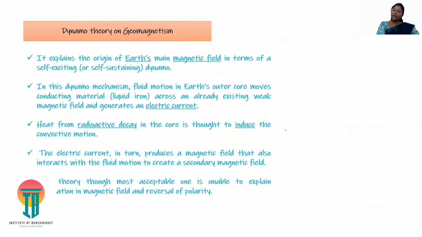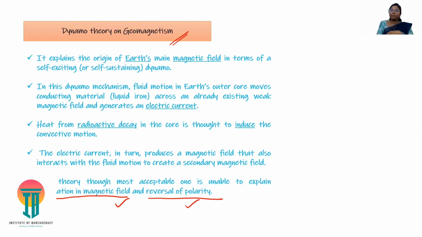Of course, this theory answered most of the questions, but it also lacked one important area. It failed to address why there are fluctuations in the magnetic field and reversals of polarity. We all know reversals can happen, it is a possibility, but why is it happening?